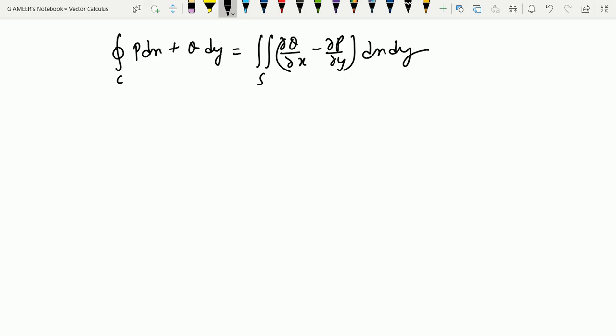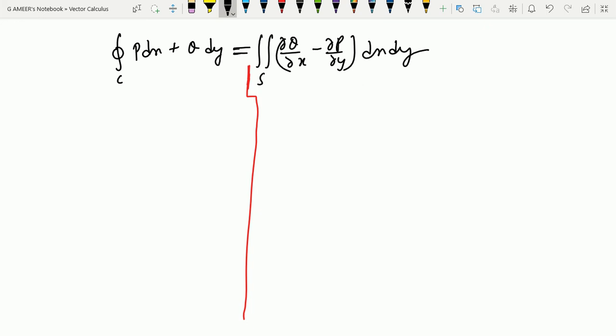That means we need to solve LHS and RHS separately. So the LHS answer and RHS answer should be the same. Okay, fine. Now first of all, let us take the surface integration.